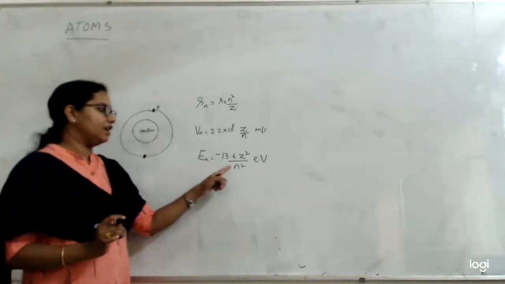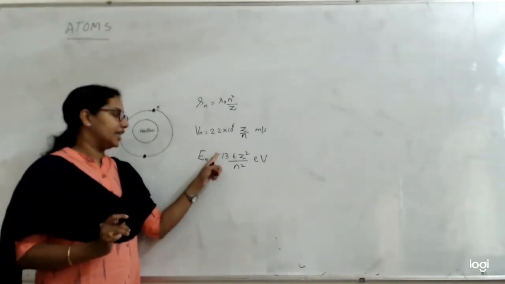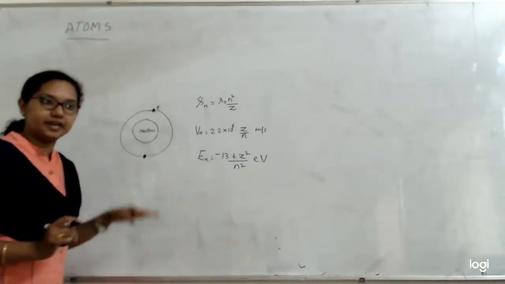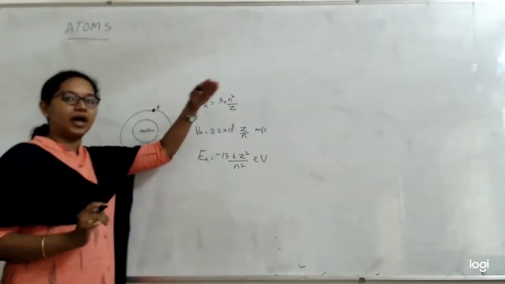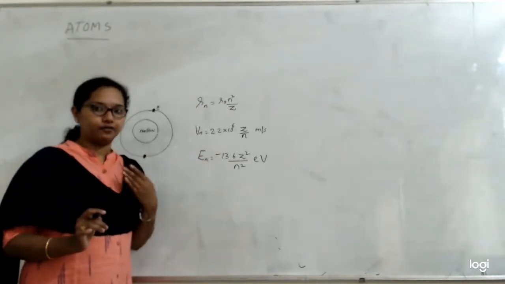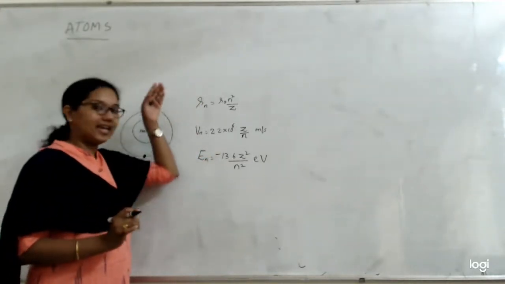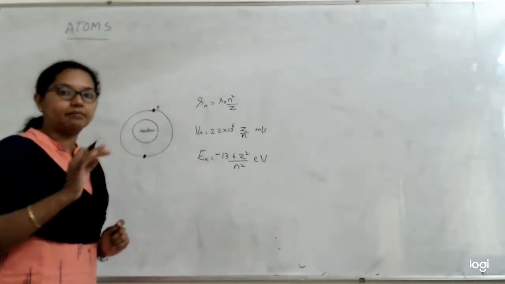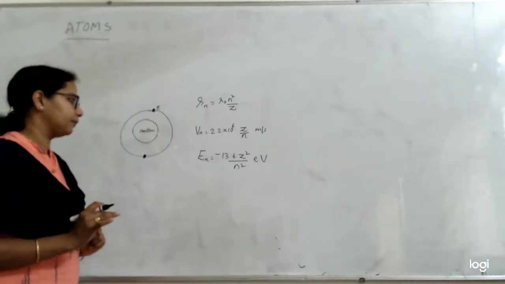As the n value increases, the energy value increases. When an electron jumps from a lower level to a higher level, energy is required for that process. But when the electron jumps from a higher to a lower level, the energy is liberated in the form of photons.